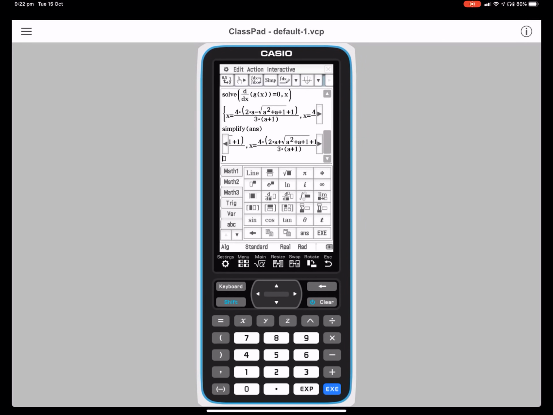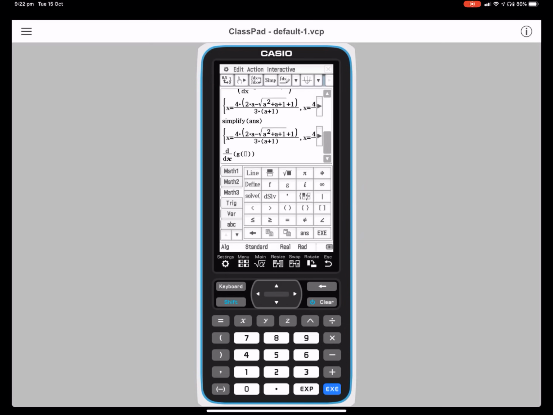Okay, so what's p? Can we write down what p dash of x is? So d dx of g of x, set it equal to 0.